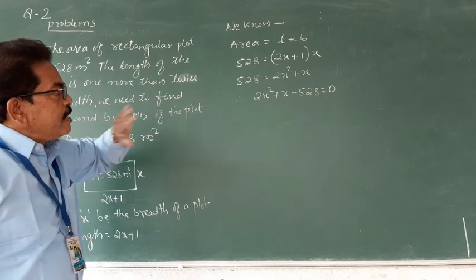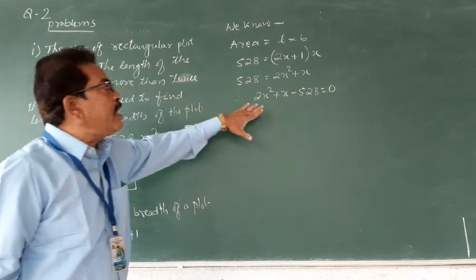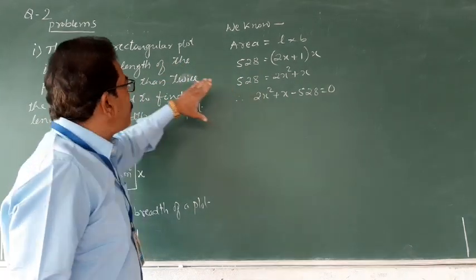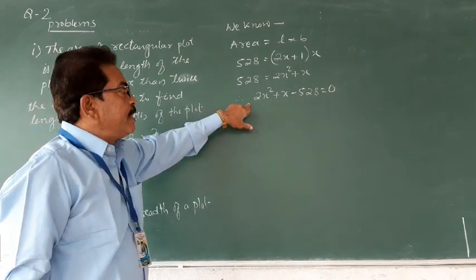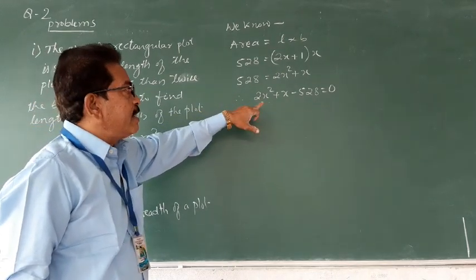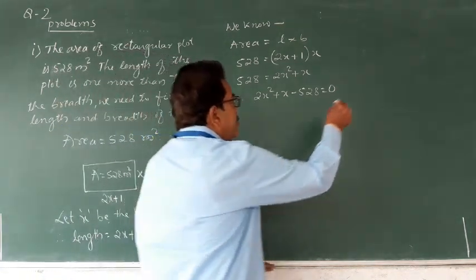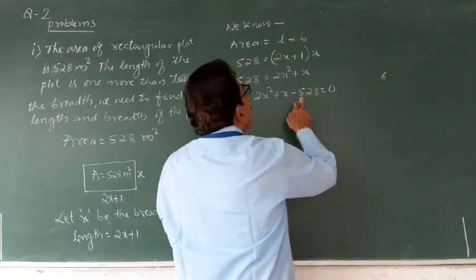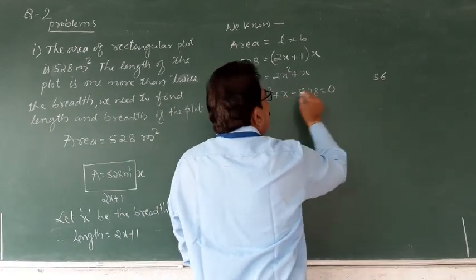But this much is sufficient for this question. We just have to create the quadratic equation. But let us solve it using a method, that is the factorization method. 2 8s are 16, 2 2s are 4 plus 1 is 5, then 2 5s are 10.